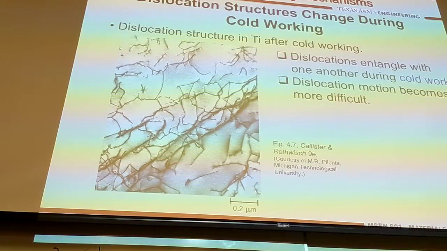After cold work, it generates dislocations. But the key is that these dislocations are entangled with each other. Think of it this way: initially you have no dislocation or very low dislocation, and now you make a lot of strings in the metal.